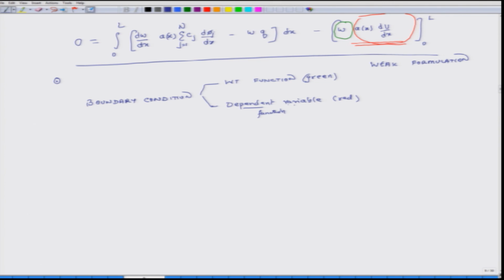It is not the dependent variable itself, but it is a function of the dependent variable. So, this is like the coefficient of the weight function. There is w, and we can treat A x du over dx as the coefficient of the weight function.